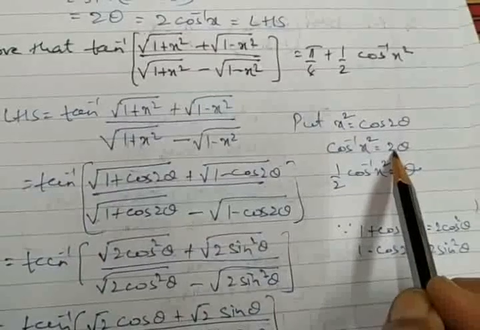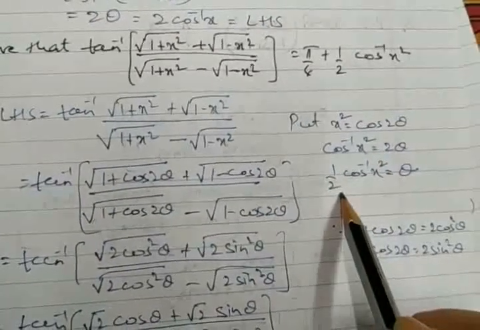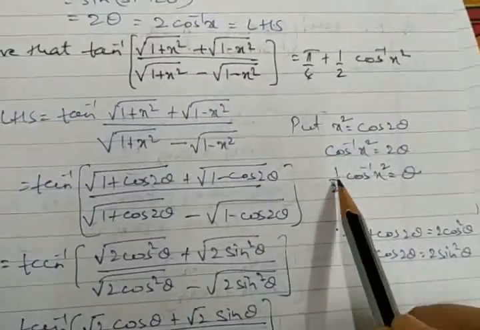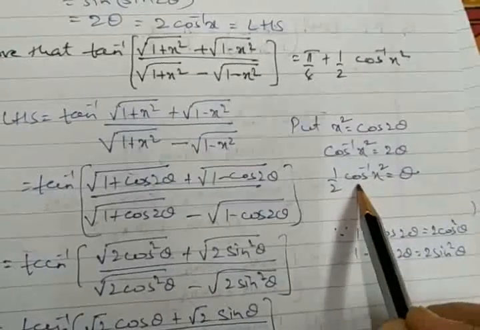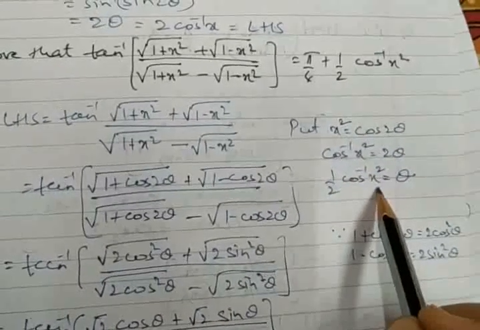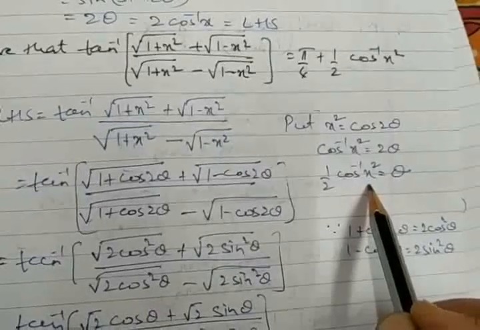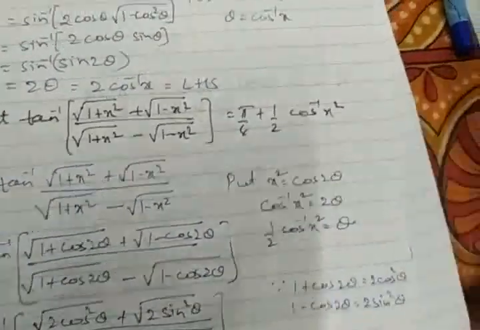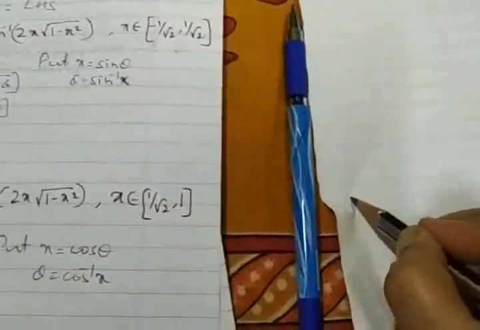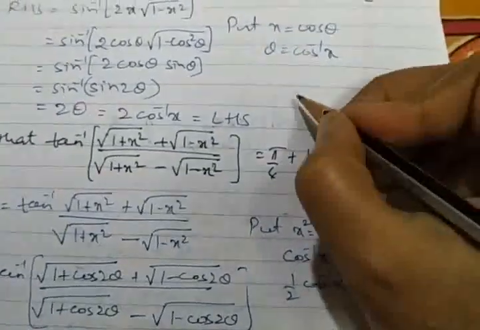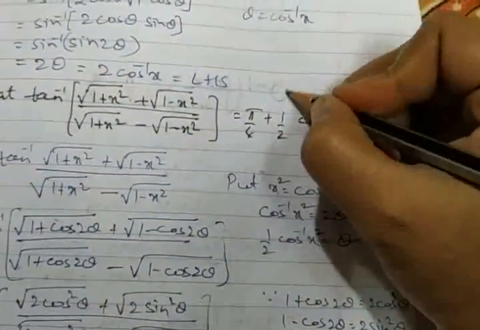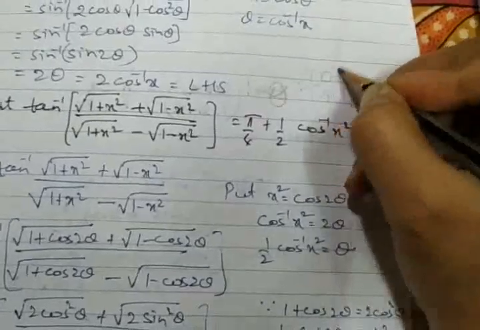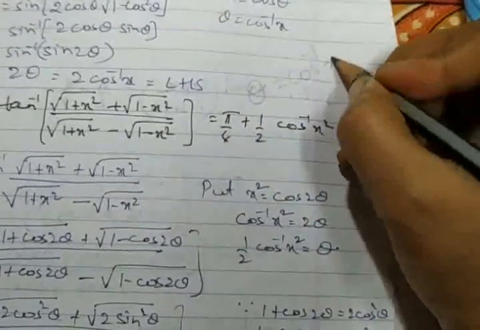Theta will reduce to, the 2 will act as 1 by 2, a numerical coefficient for inverse cos, I mean cos inverse x square. If you blindly take it, there are chances that you may go wrong with the step and say theta is equal to cos inverse of x square by 2.